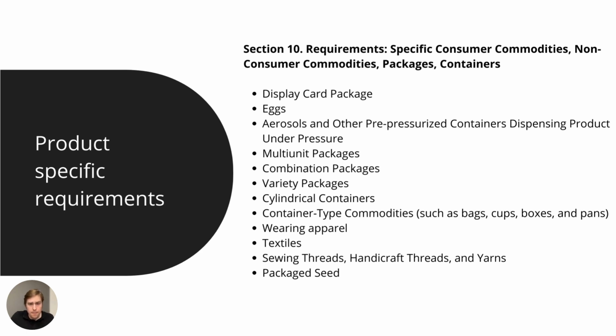For example, apparel, other textiles, packaged seed if you happen to sell that, but also something they call variety packages or multi-unit packages, when you are combining different products or sets of products. So they do provide guidance which is very valuable under section 10.